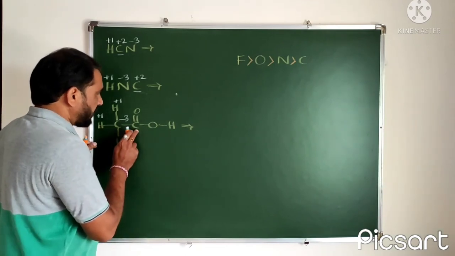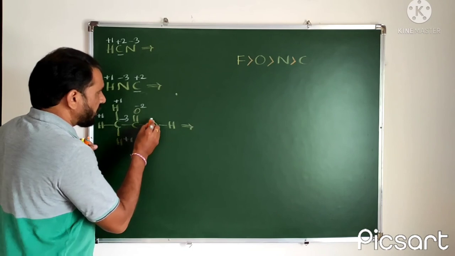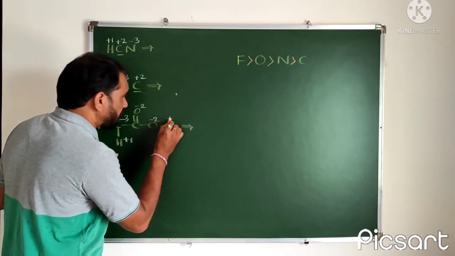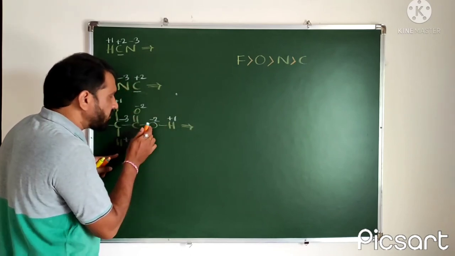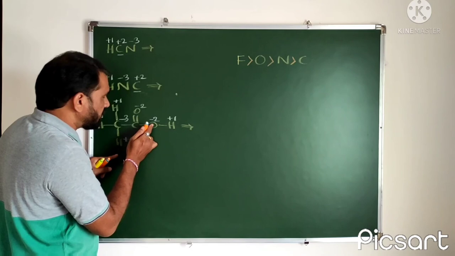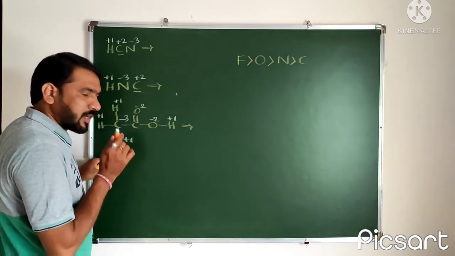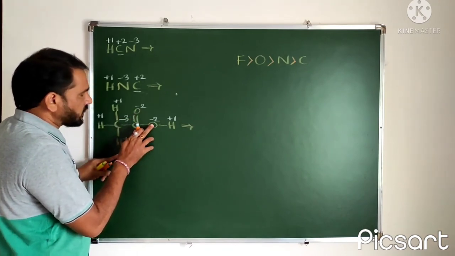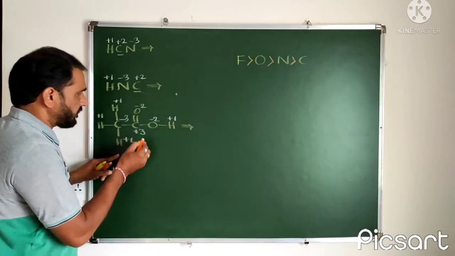Okay, then coming to the second carbon. Oxygen shows -2 here, and oxygen shows -2 here also. But hydrogen is +1, and that +1 is deducted from here -1. The remaining -1 alone contributes to the oxidation state of carbon. Therefore, here -2, -1, so its oxidation state is +3.